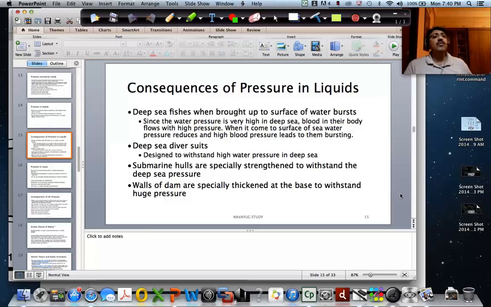So based on the design, it can dive up to that depth. Beyond that, it is dangerous. So that is another example of submarines and the effect of liquid pressure.